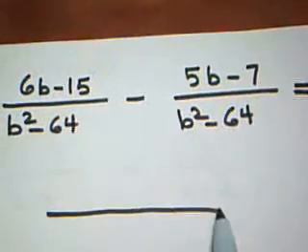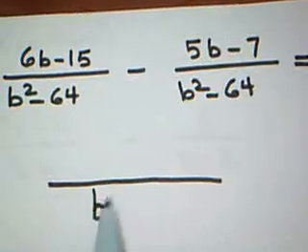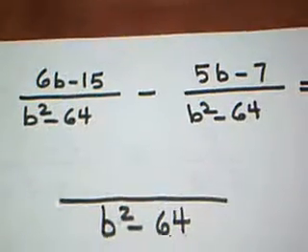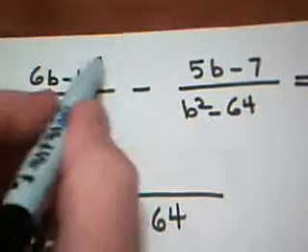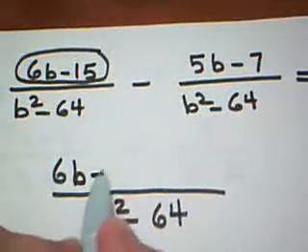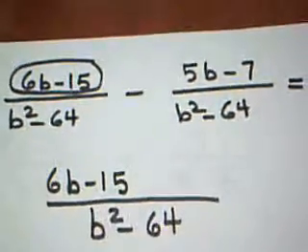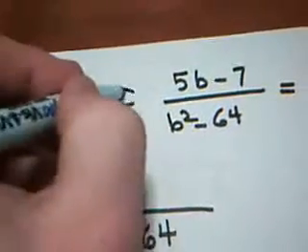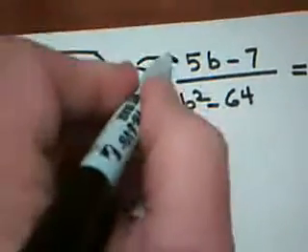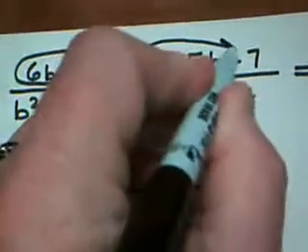So what I'm going to do is write the denominator one time, and I'm going to do all the work with the numerators. First numerator is 6b minus 15. That just kind of comes down for the ride. Now, this minus sign applies to everything in the following numerator.